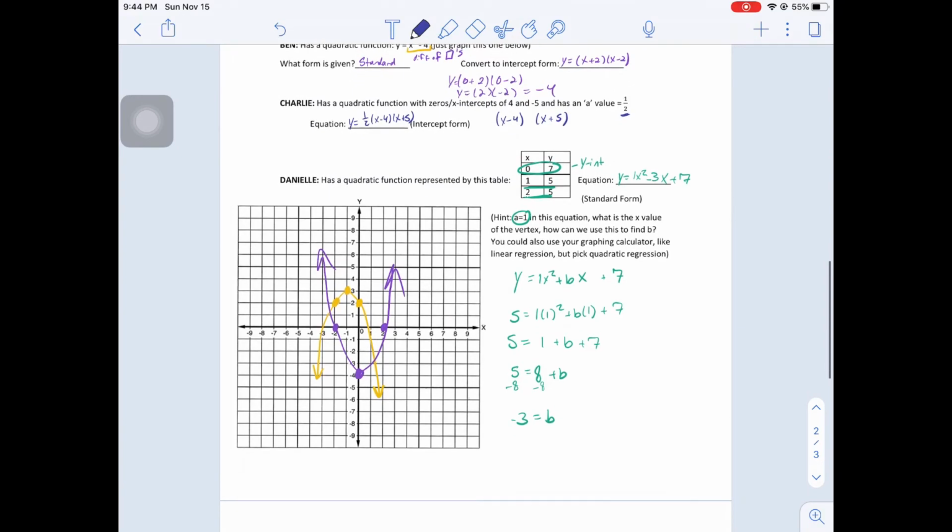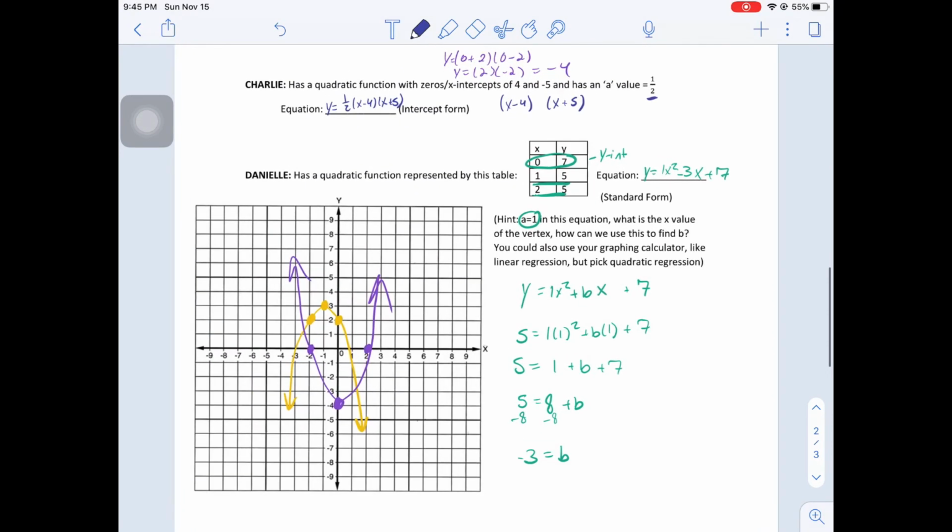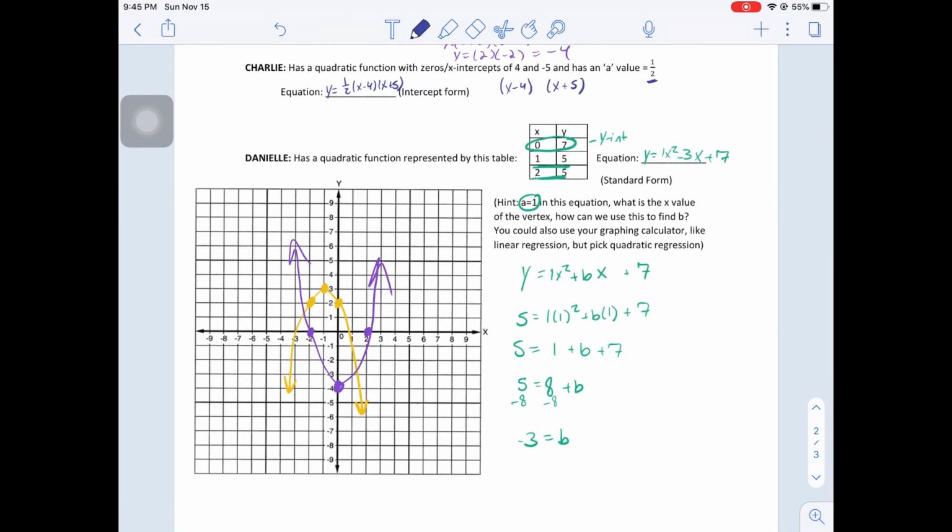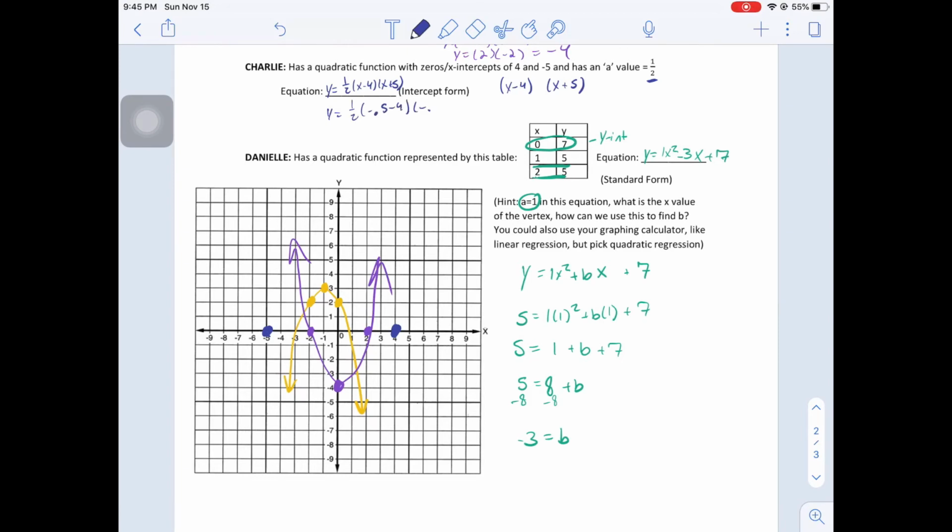Okay. Next one we had was Charlie. Charlie was in blue. This one we know the intercept form is +4 and -5, so over here. So that means directly in the middle of those two is -0.5, so y is equal to 1/2 times (-0.5 minus 4) times (-0.5 plus 5).